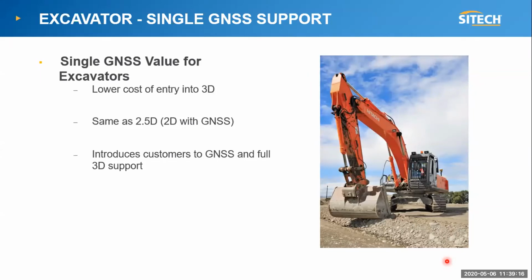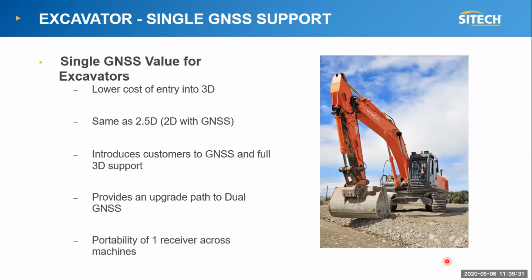And you can then keep growing your system and start enjoying the full benefits of a 3D system, after which you can also add a dual GPS, in other words, a second GPS receiver onto your excavator. So that is also supported in Earthworks, and this comes on the back of the support for UTS or total station functionality on excavators within Earthworks.